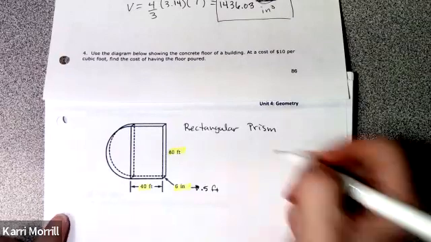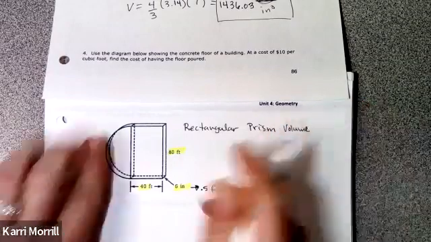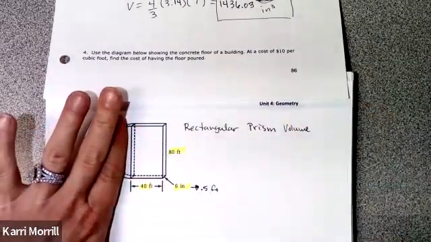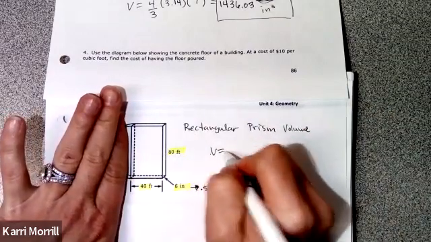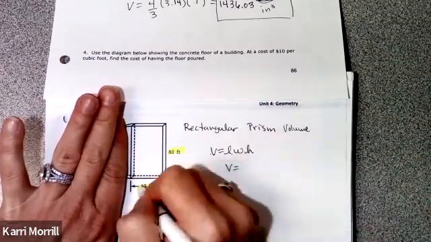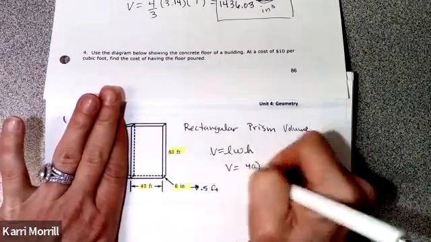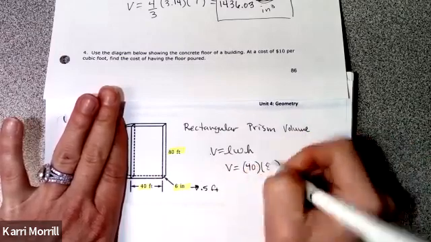Okay, so now we're going to find the volume of this right here. I'm not going to color it today, but for volume we would just take length times width times height. I will write that down. So maybe my length is 40. My width is maybe 80. Doesn't really matter which one you're calling length or width.